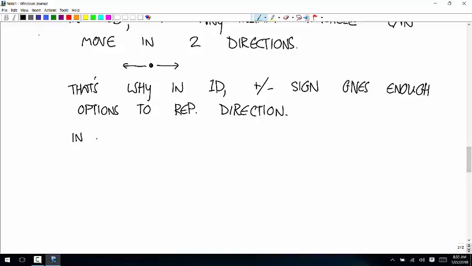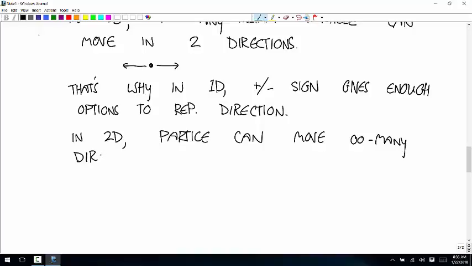In 2D, the particle can move in infinitely many directions at any instant. So if that's the particle, it can go there, there, there, there. Look at that.